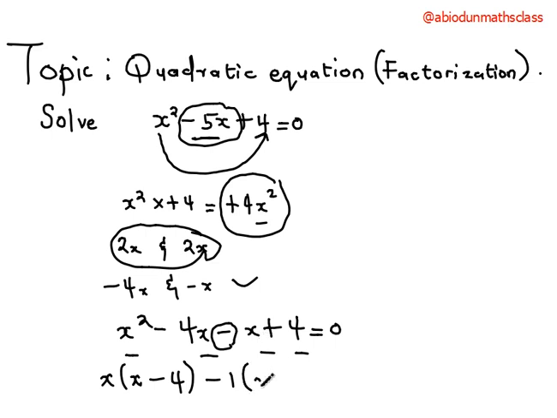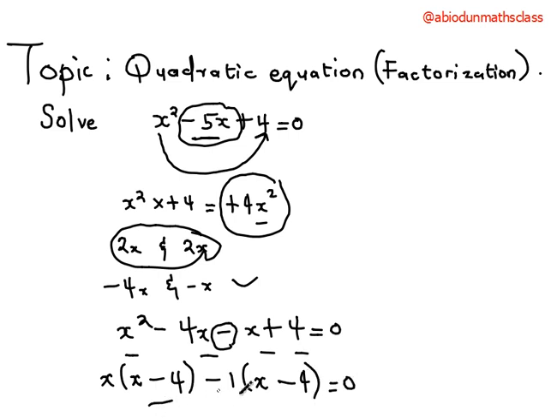Now you write out each term: x, because 1 times x gives us x. Don't forget the negative sign is already outside and it affects what we have in the bracket. What sign are we to put here such that when multiplied by the negative sign it gives us a positive sign? That would be negative. So you have minus, and factorizing 1 from 4 gives 4, equals 0.